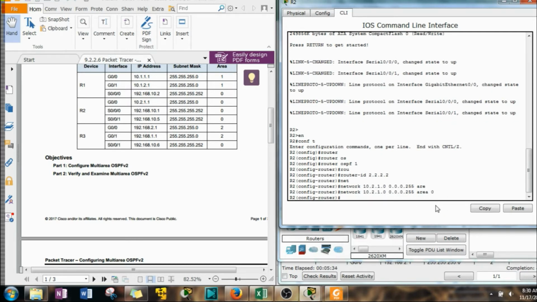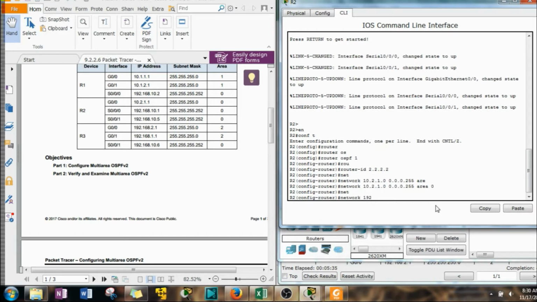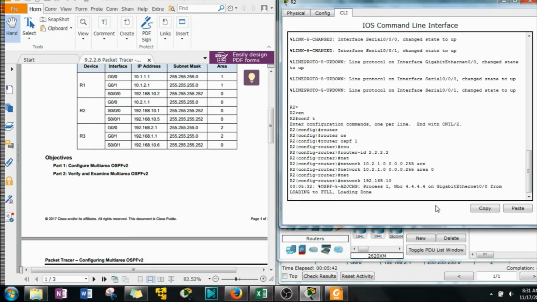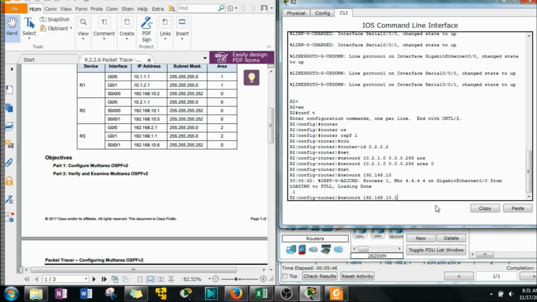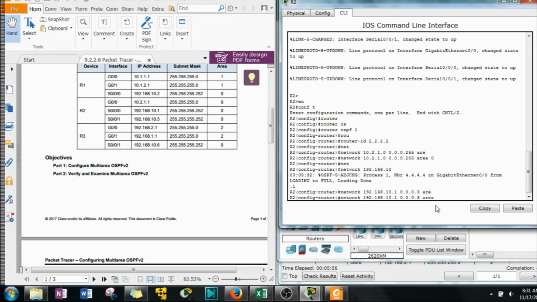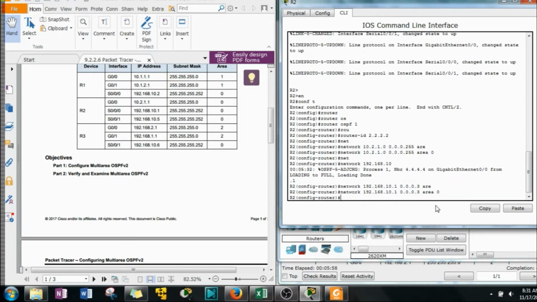Okay, the next network is 192.168.10.1, and that is a 255.255.255.252. So again, we're going to invert that, and that's going to be a 0.0.0.3. Area 0. One more up arrow, and we'll just change that 5.